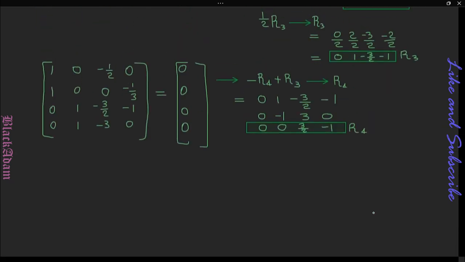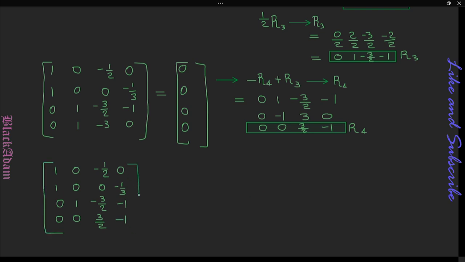And then from there we can think of what to do. So we can write the information as 1, 0, negative half, 0, then 1, 0, 0, negative 1 over 3, and then row 3 we have 0, 1, negative 3 over 2, negative 1, and then we have the fourth one, which is 0, 0, 3 over 2, negative 1.